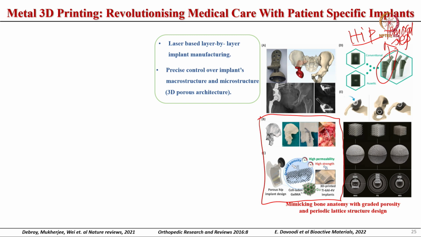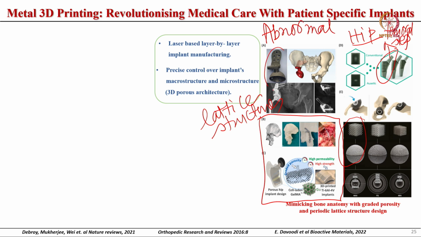Now, what is the new innovation in orthopedic surgery is to use some lattice structures, and these lattice structures are essentially used to fabricate the acetabular shell in this total hip replacement arthroplasty. This is one such case. Another case, in case of abnormal hip surgeries, where some patients come with abnormal hip anatomy.